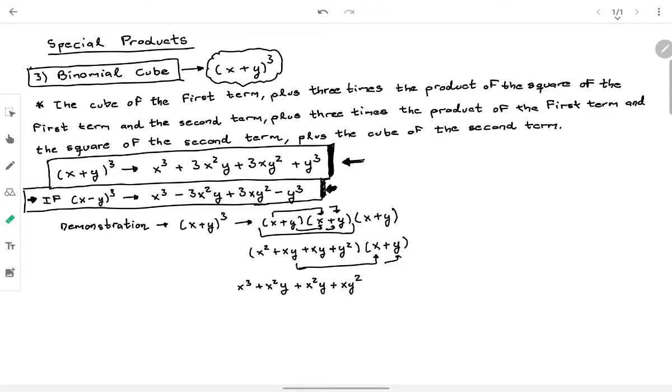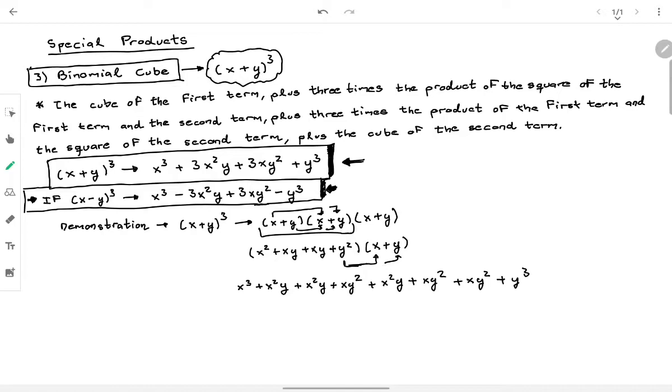The next one, it's like multiplying another time xy with the other one. So it will be plus x squared y plus xy squared. And finally, like multiplying y squared. So it will be xy squared plus y cubed.